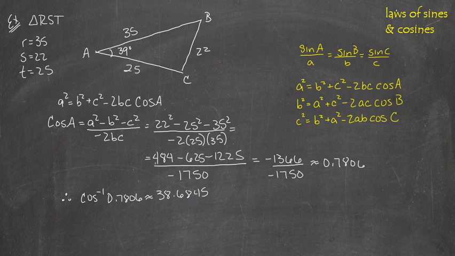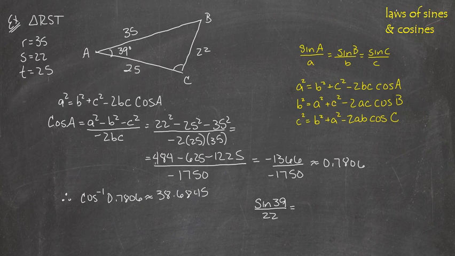Now, most of the time, once you've solved something with the law of cosines, you can follow up with the law of sines, and so I'm going to do that. I can start with the sine of 39 over 22 is equal to, now I have to decide, do I want to do C or B? And you have to be careful here.